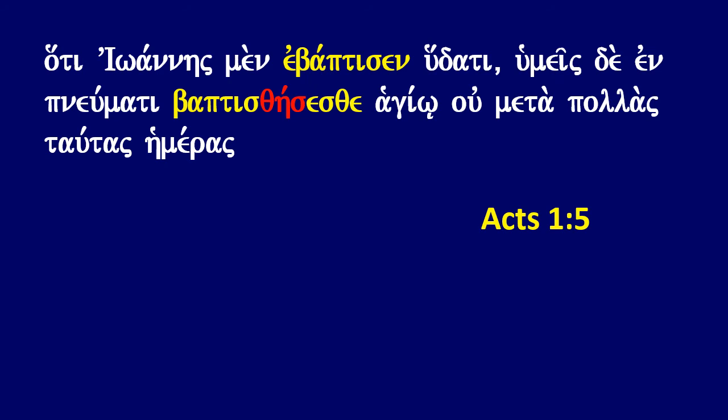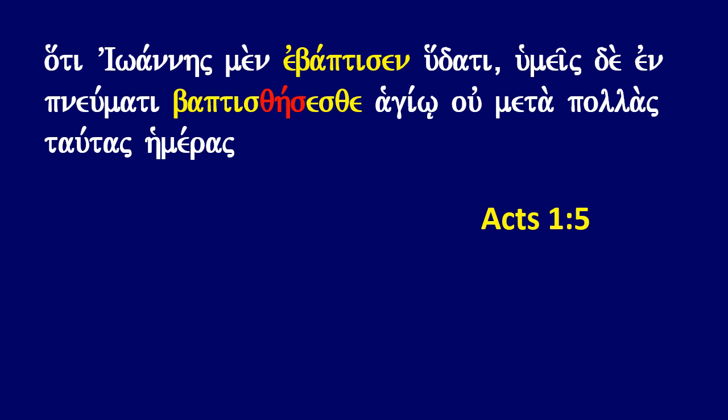Now here we have in Acts chapter 1 verse 5 an example of a verse that uses baptizo twice, one in the aorist tense and the other in the future tense, as we'll see. Now if we were to translate this, Ioannes men ebaptisen hudati, that would be translated, in reference to John the Baptist, for John, indeed, truly.